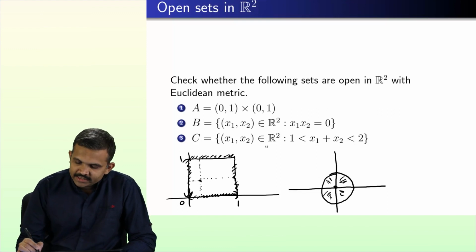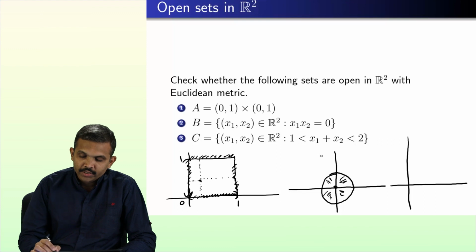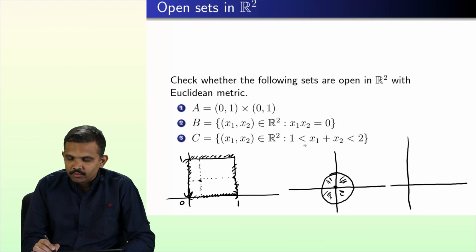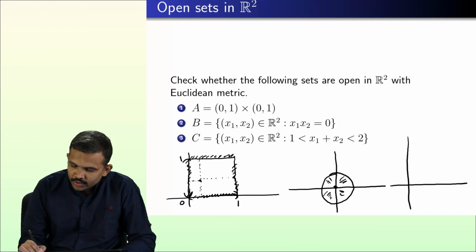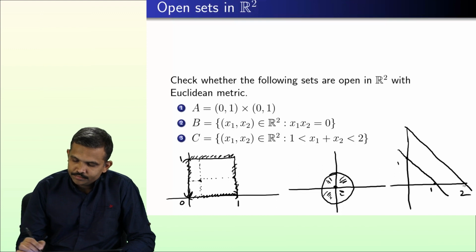Whereas, if you look at set C, it is all those points for which the addition of the coordinates lies between 1 and 2. So, I would like to plot the lines x1 plus x2 equal to 1, it is this line, and x1 plus x2 equal to 2, it is this line. And so, this is the portion that we want to talk about, excluding the lines.